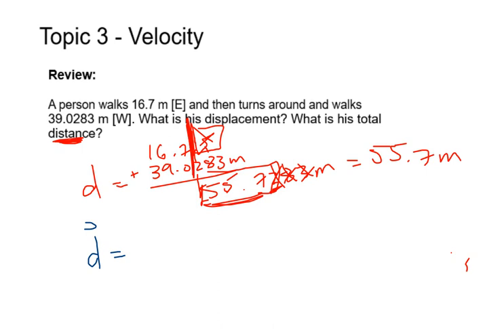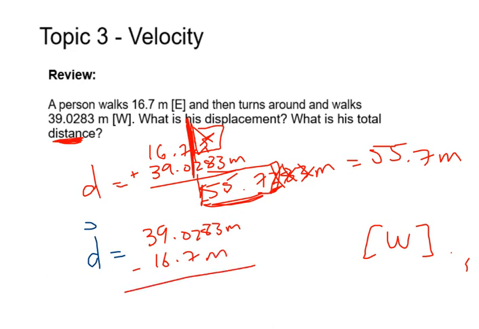Now for displacement, which way did he walk more, east or west? Well, west, right? So since in this example I need to have a direction of west, I just need to know which one was more. So rather than adding these, we'll subtract them. So if you took your 39.0283 meters and you subtracted 16.7 meters, the same logic's going to apply.